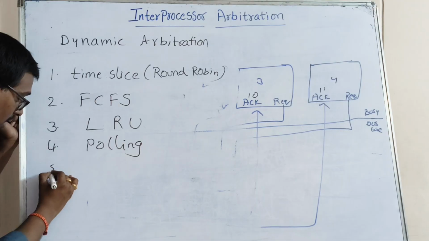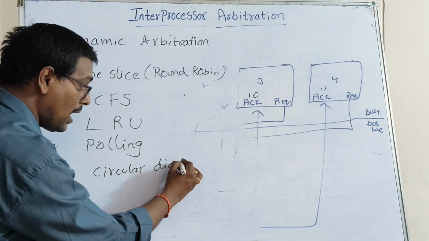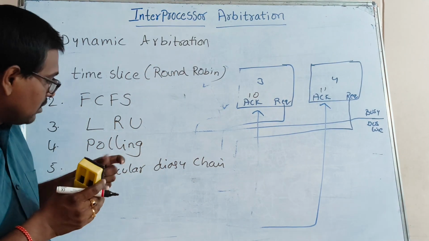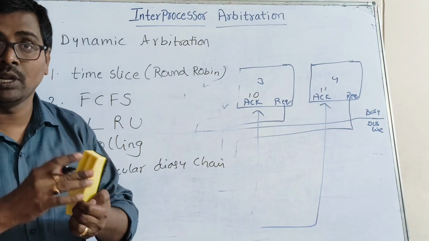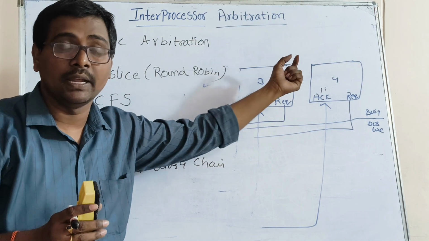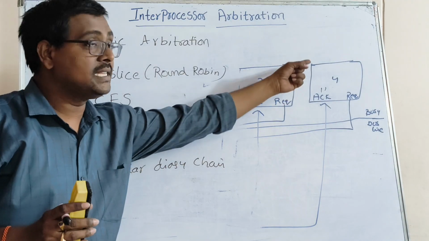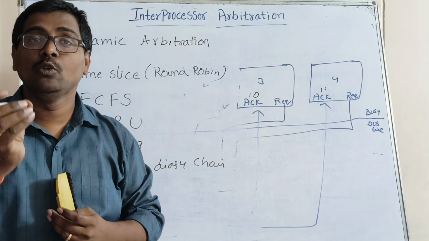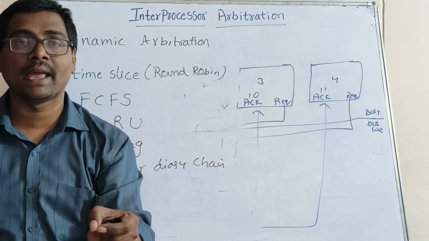And one more is the circular daisy chain. Whatever approach we use in the serial one, here there is something additional. That means the priority out of the last arbiter is connected to the priority in, so they are in a circular fashion. Once an arbiter uses the bus, it is marked as low priority.